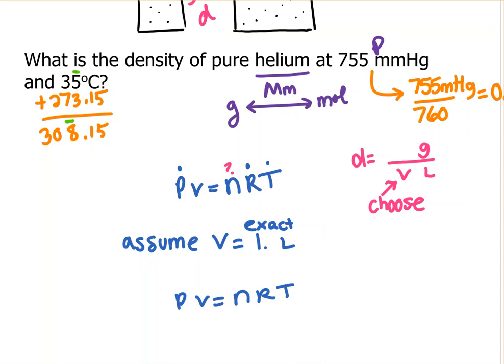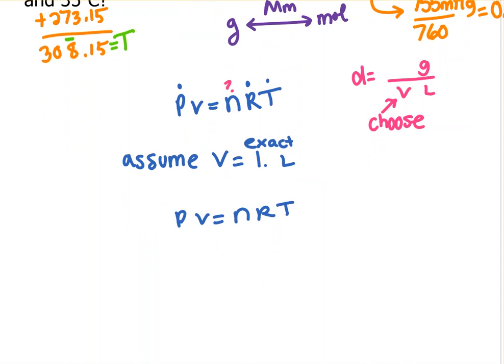The 35 goes to the ones place, and so this can go to the ones place. And notice that I gained sig figs. I went from 2 sig figs for 35, and then when I add this, I get 3 sig figs, and that's just because I'm using the add rule as I should be. Now I'm ready to start plugging into my equation, since I have everything in the correct units.